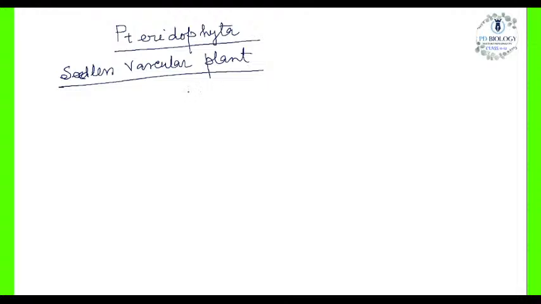The main plant body, that is sporophyte, that is diploid, and this is divisible into root, stem and leaves.